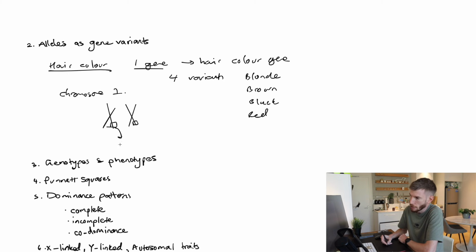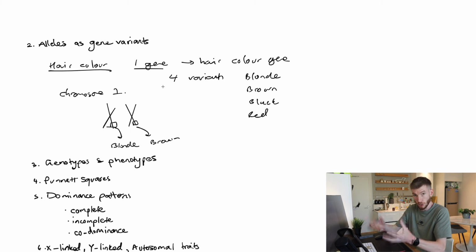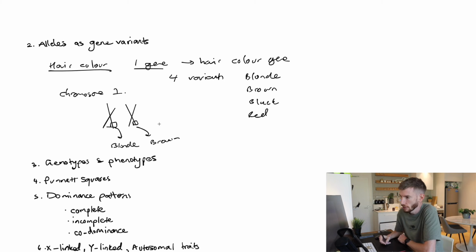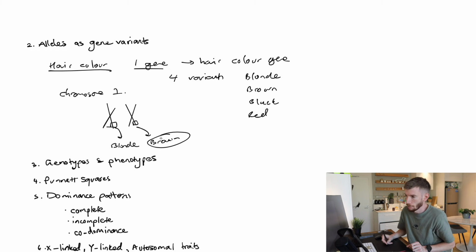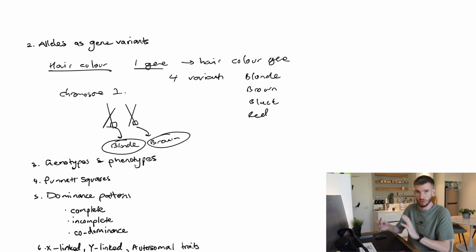This one might be carrying the blonde allele, and this one might be carrying the brown allele. So we may be carrying 2 alleles of a particular gene, and the combination of those may then produce a particular trait, or it may be that the brown masks the effect of blonde or vice versa. That's the idea, and that's what we're going to be using throughout this.